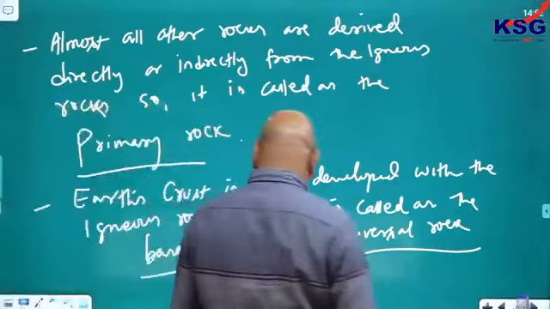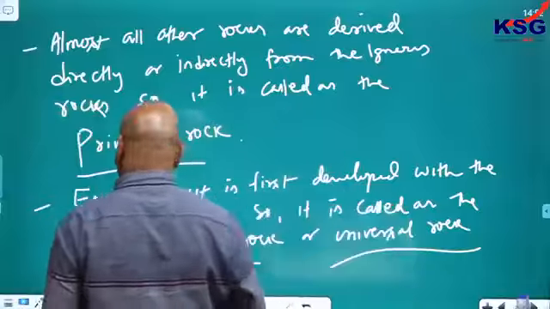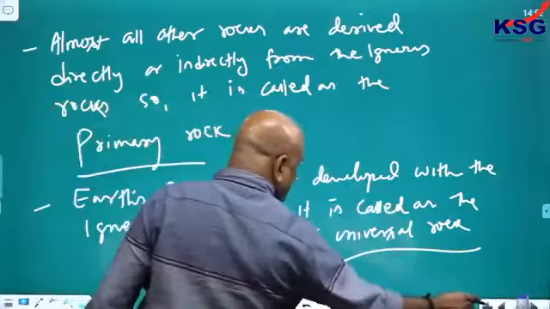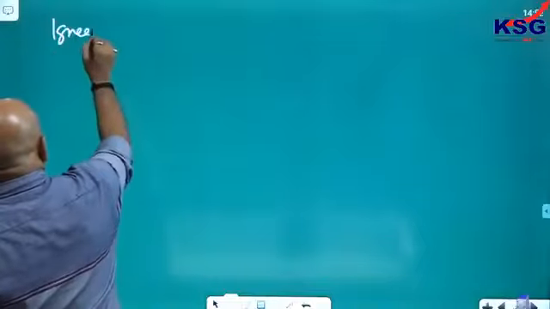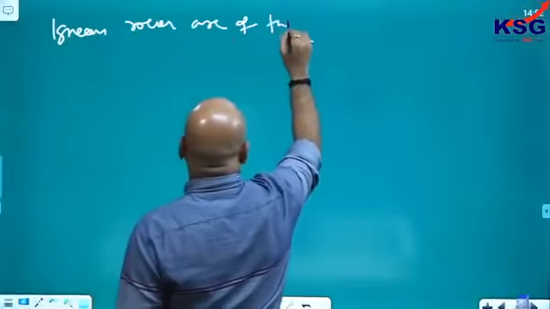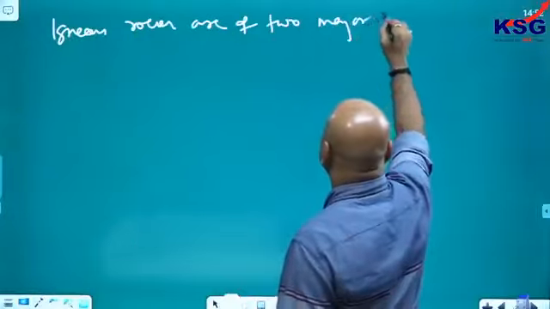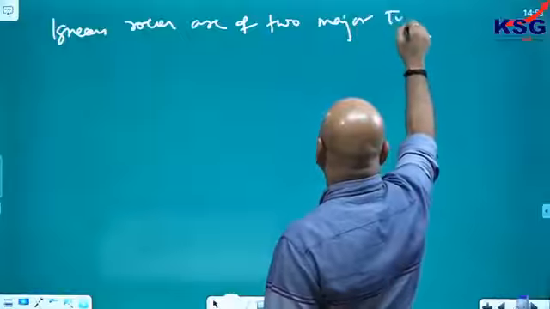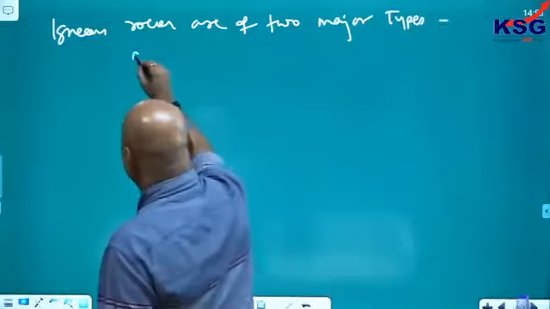So let us see now what else there is. The most common examples of igneous rocks. Igneous rocks are of two major types. What are those?